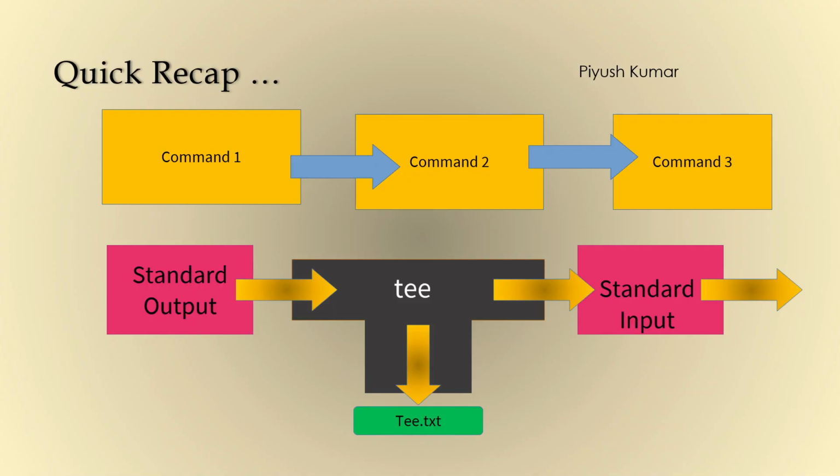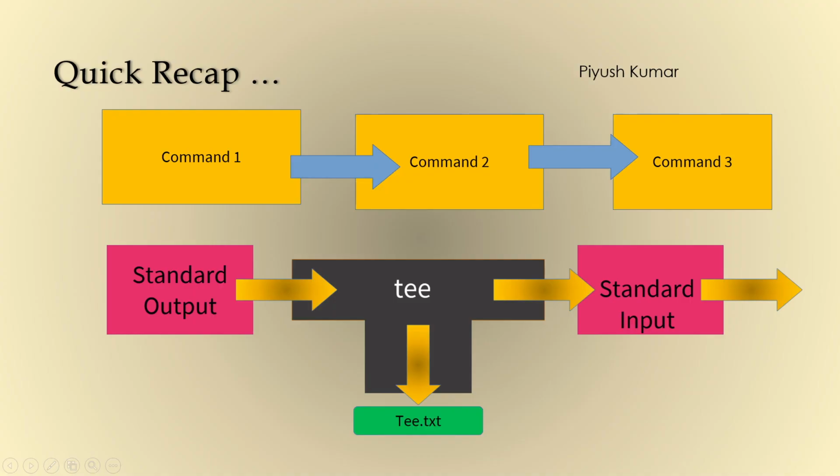Let me give you a quick recap of what we have done till now in this section so that we better understand how to approach this tutorial. In the chapter about redirection, we learned that multiple smaller commands can be combined together using a pipe, and it can give an output at the end of the pipeline.